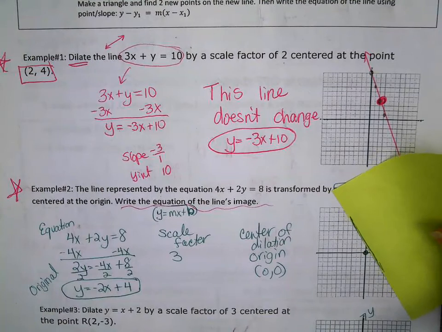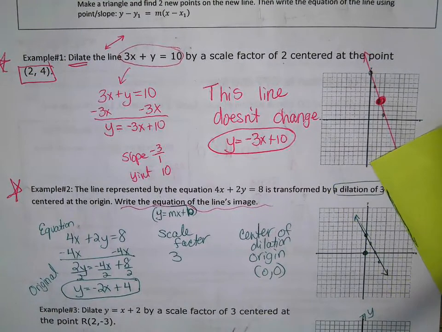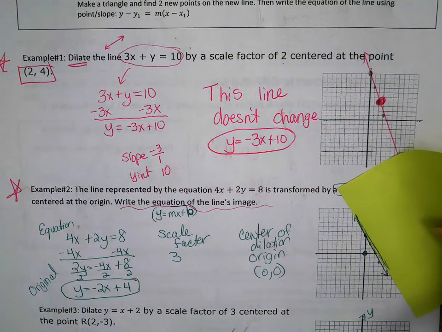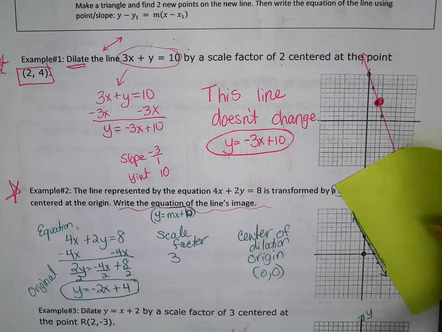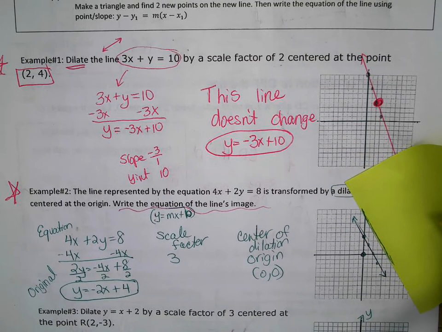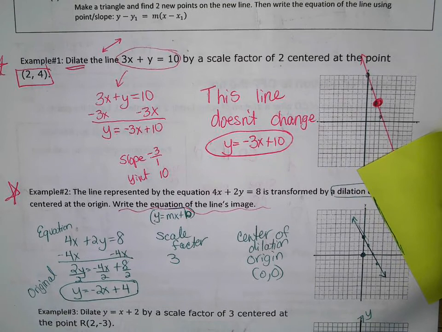Its distance from the origin is getting 3 times farther away. So think of my post-it note as this line. We're moving it 3 times farther away.